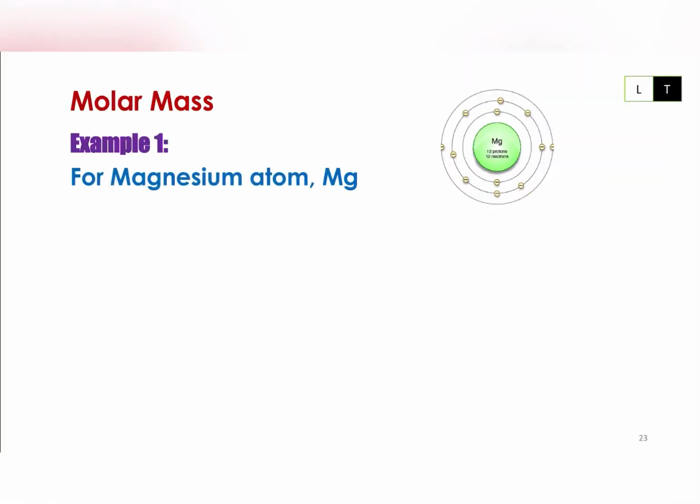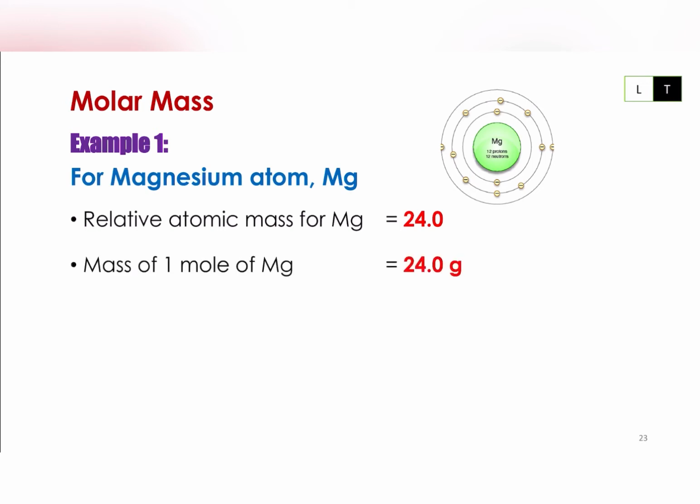Let's try example 1. I have a magnesium atom. If I take the relative atomic mass for magnesium from the periodic table, I will have 24.0. So if I want to determine the mass of 1 mole of magnesium, I just put the same value with the unit gram. Next, the molar mass of magnesium is numerically the same as the relative atomic mass, so the value is the same, but the unit is gram per mole.